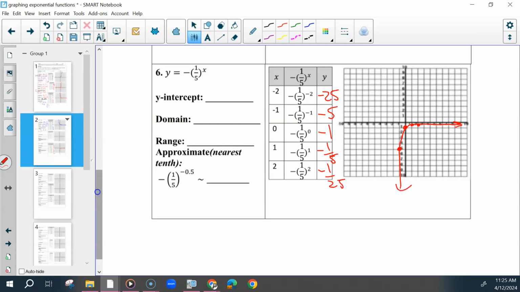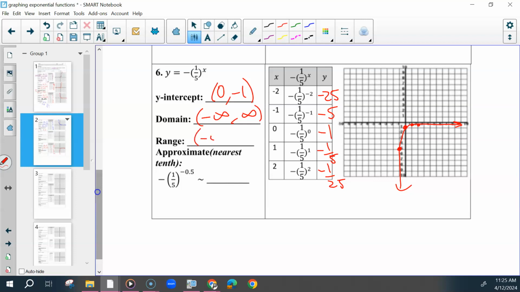So now it's flipped again. Let's see what that did to our characteristics. What is our y-intercept now? 0, negative 1. Our domain: negative infinity to infinity. Okay, so domain did not change. What about the range? Negative infinity to 0.